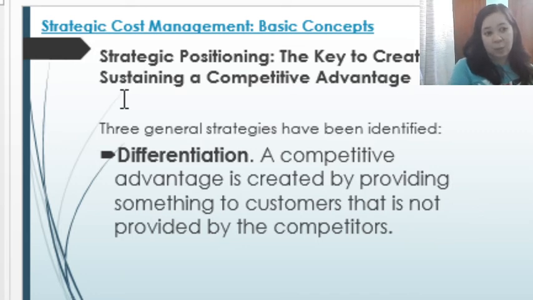Meaning to say, this also could be related to the uniqueness of your product. Although your product is the same as that of the competitors, there is something unique, a unique feature that is present in your product that cannot be found in the products being offered by your competitors.